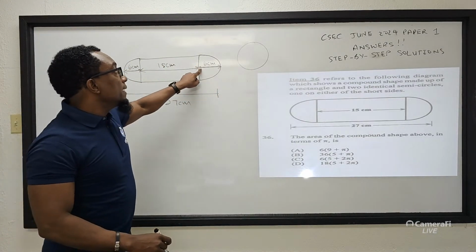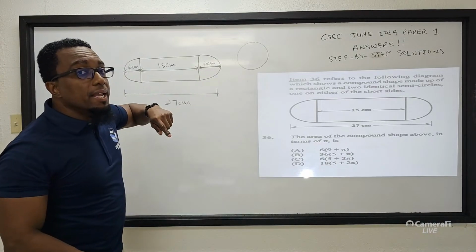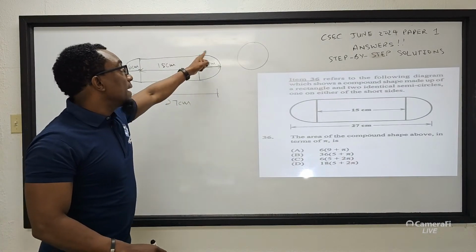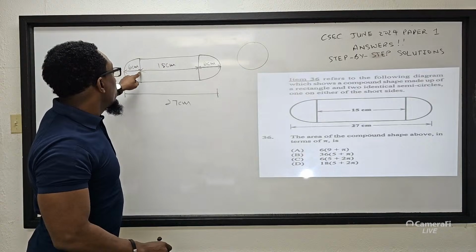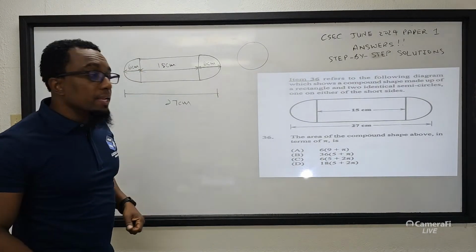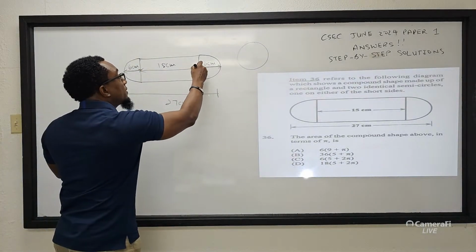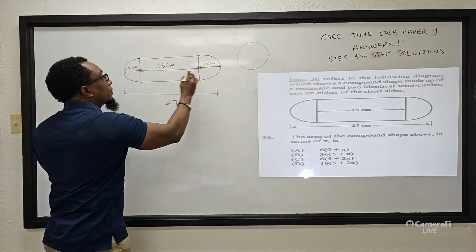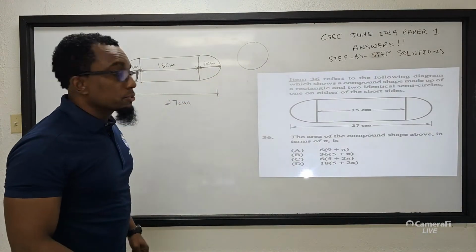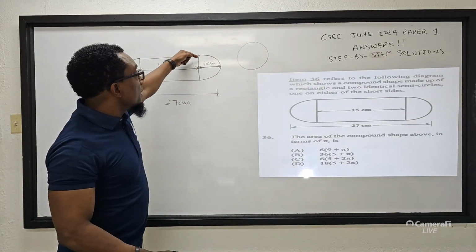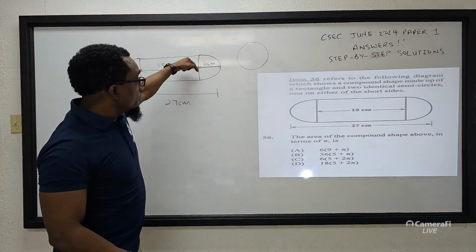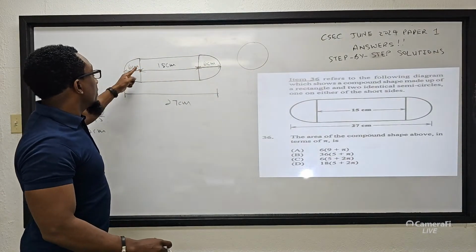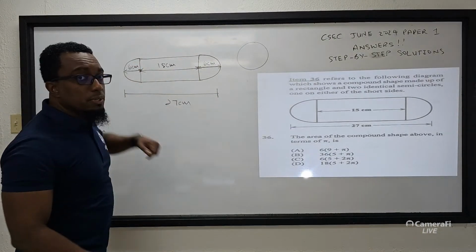But this length from here to here represents the radius of my semicircle. This here also represents the radius. Remember, radius is a line drawn from the center to the circumference. So this is the radius, this is also 6, and this is also a radius.